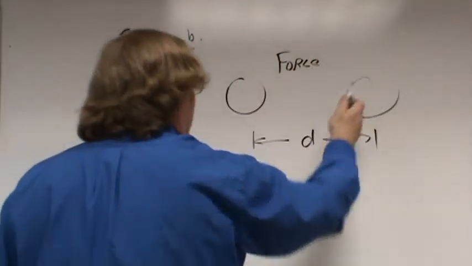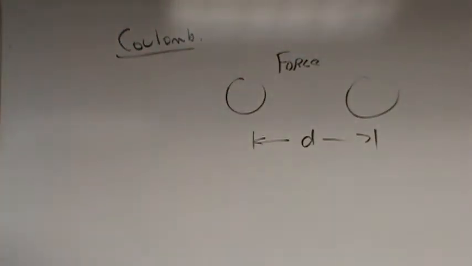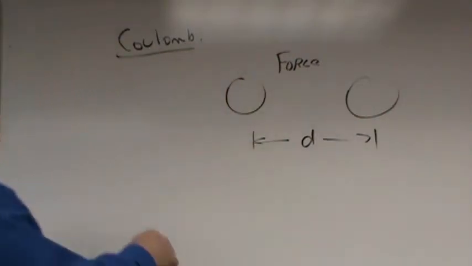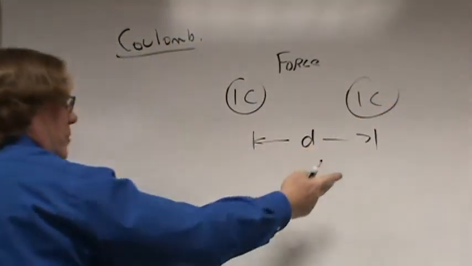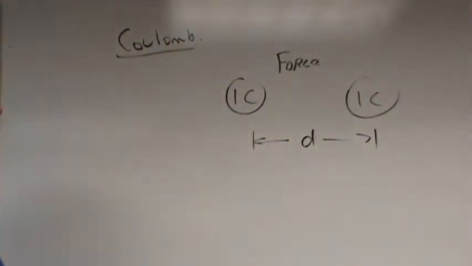But he would never arrogate the term Coulomb for himself. He just said that's one packet of charge. But later on, people said, that amount of charge that, when held a certain distance apart, exerts a certain force on each other, we're going to call one Coulomb of charge.